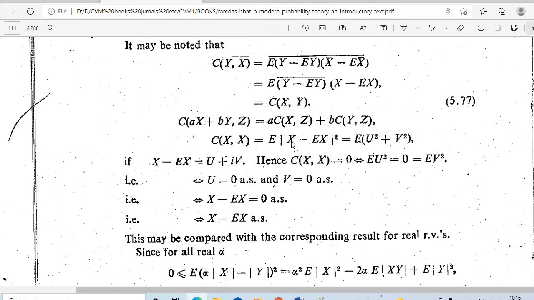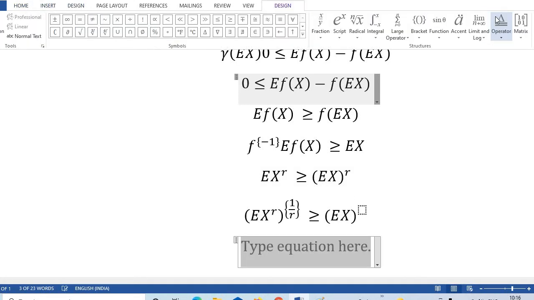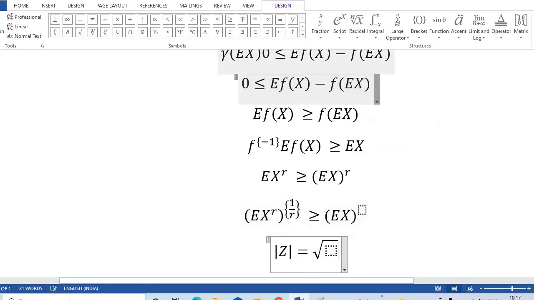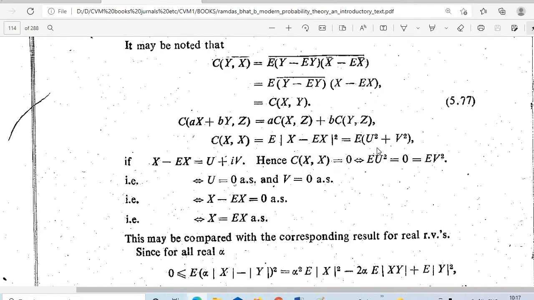Mod z square will be mod x square plus mod y square.